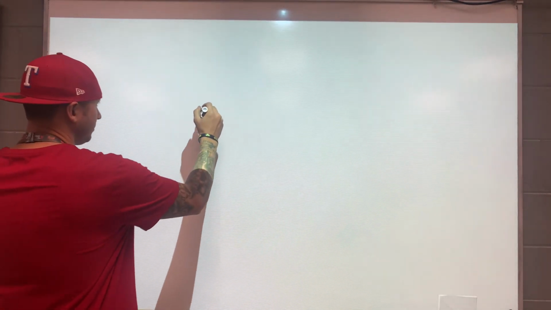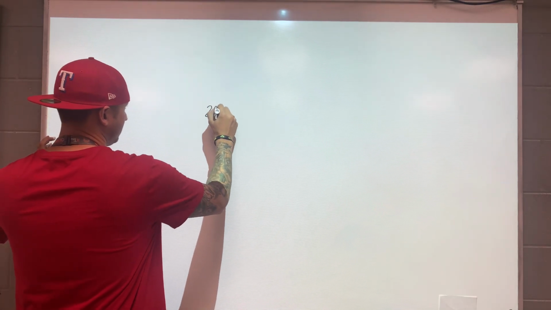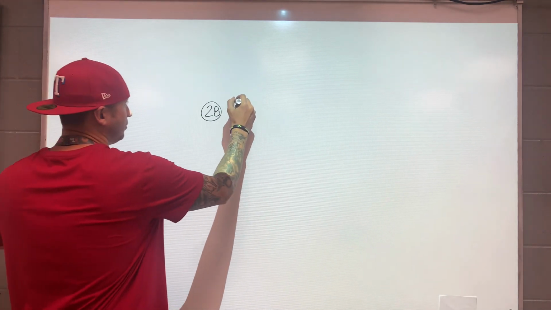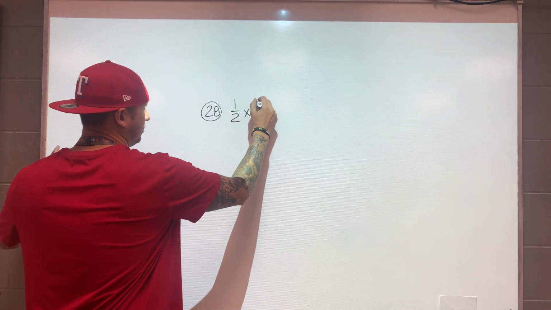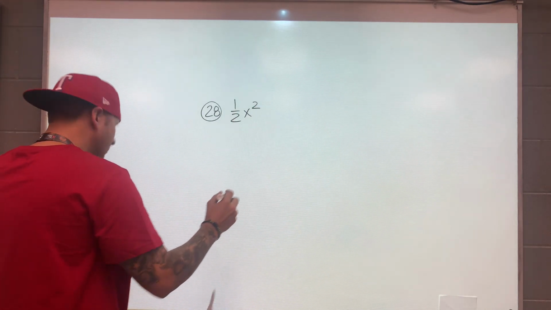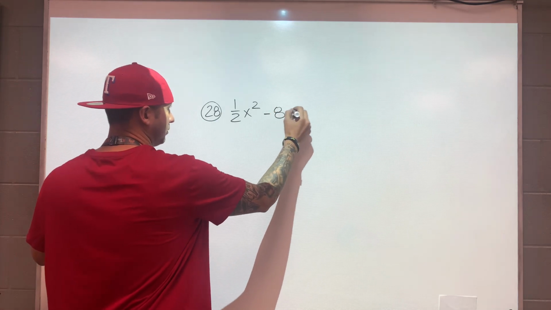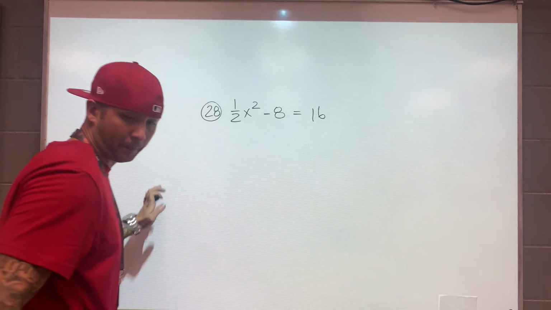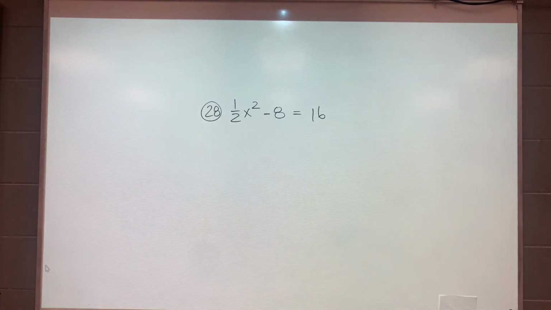All right, number 28. One half x squared minus 8 equals 16.